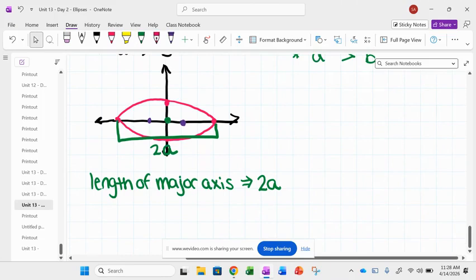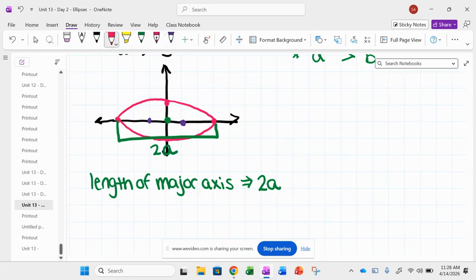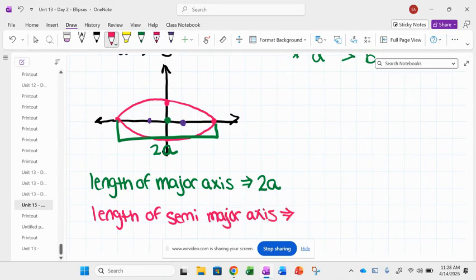Okay, now if the length of the major axis is 2a, I'm going to throw in a new vocab word here. I'm going to say the length of the semi-major axis. And so think of the word semi. What is a semicircle? Half of a circle, right?